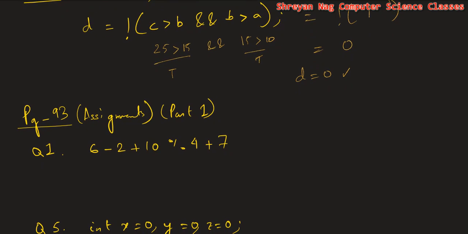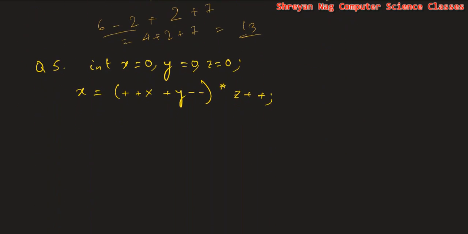So first of all, we will do this part. 10 modulus 4: 4 times 2 is 8, remainder is 2. So here it will be 2 plus 2 minus 6 plus 7. So ultimately what will the answer be? Going from here to here, this will be 4 plus 2 plus 7. You will get an answer of 13.